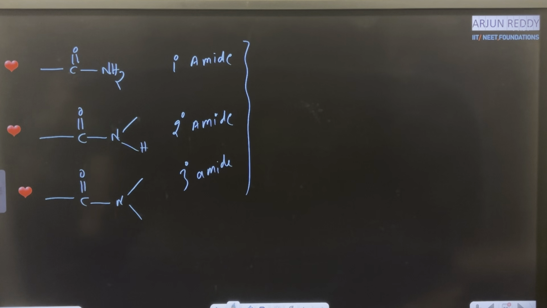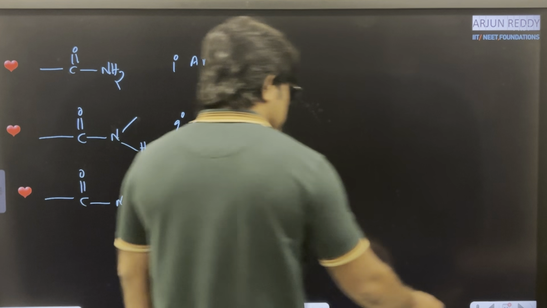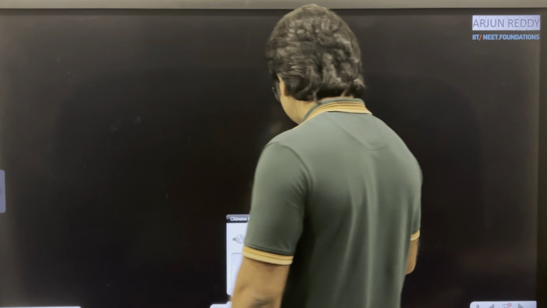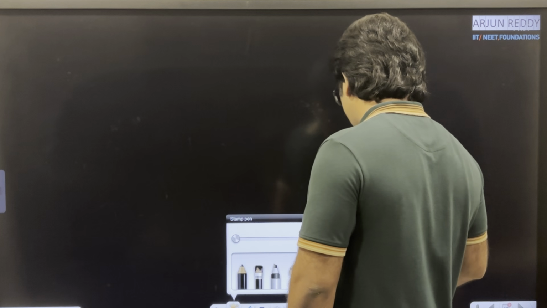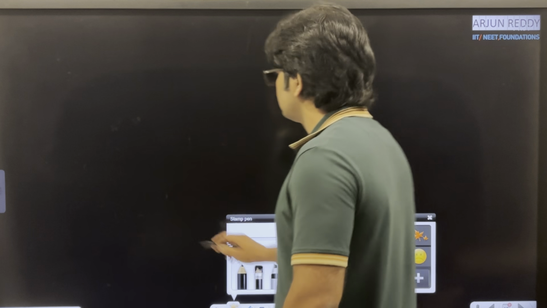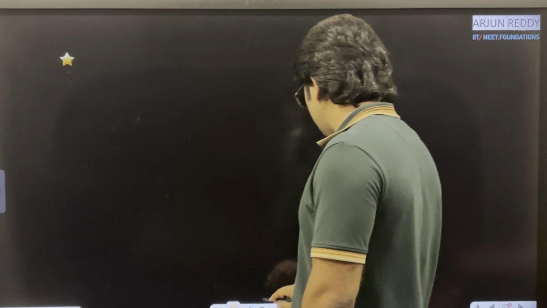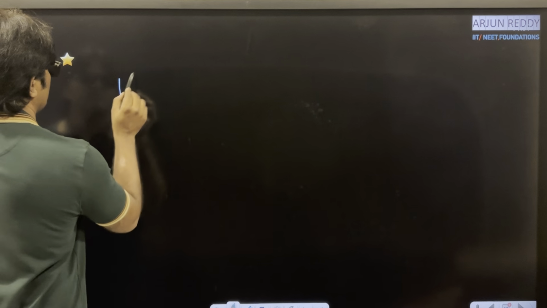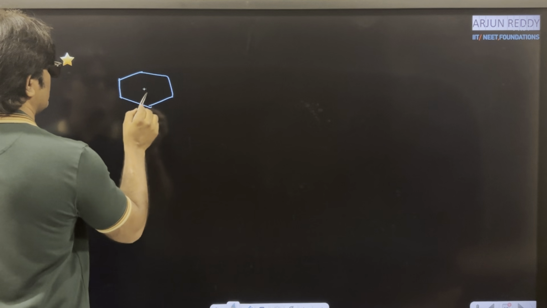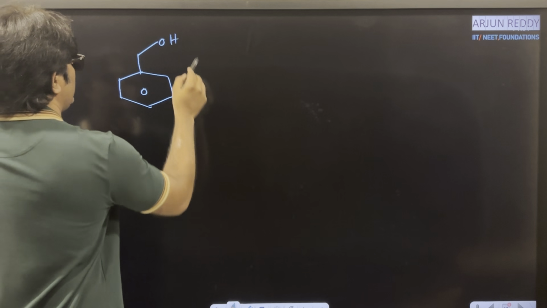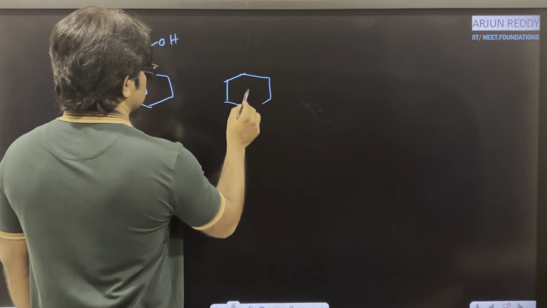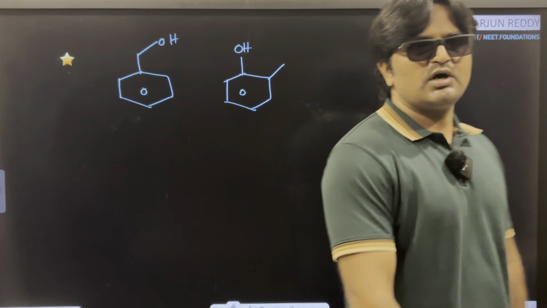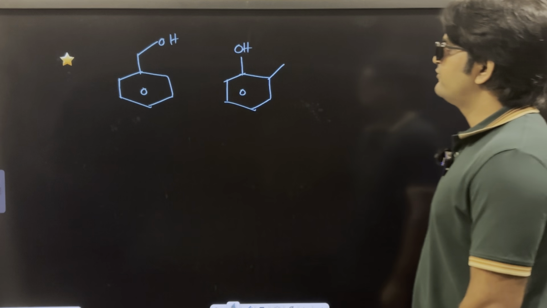Next and most important point, which I already covered in the previous lectures. What are these two compounds? Very important point. OH and CH3. Are these two the same functional group or different functional groups?